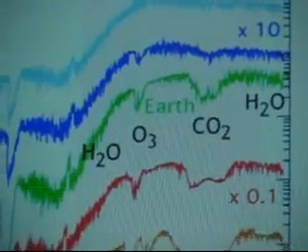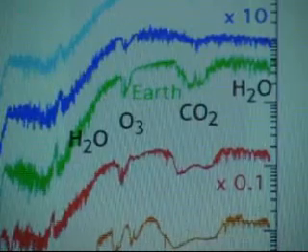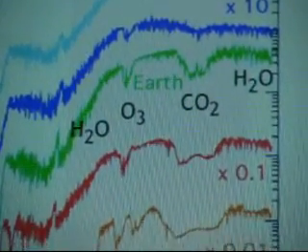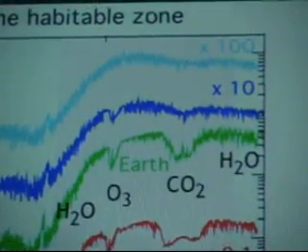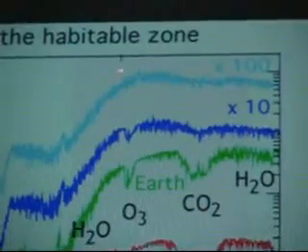So this is exactly our Earth. And we just moved it, that blue line is moved towards the star. And here you don't see many features at all anymore, because you only have water in the atmosphere. It's a steam atmosphere. It's like if you go to a sauna, into a steam house, that's what Earth looks like.